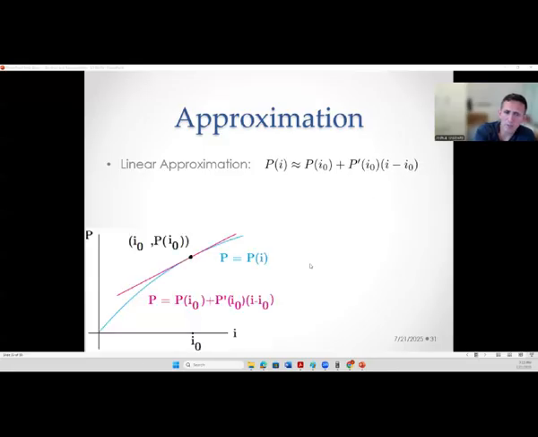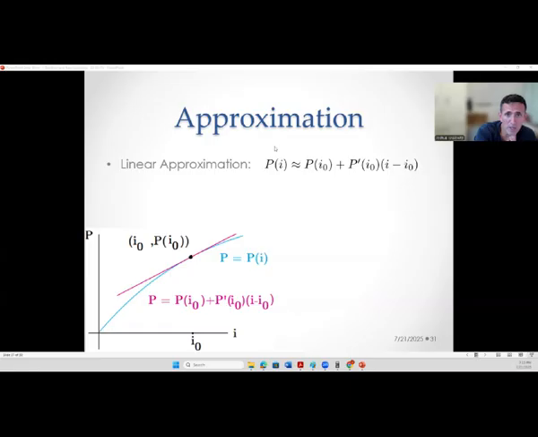And remember, the picture is as simple as follows. Here's a price function. Actually, it'll usually be decreasing, but whatever. For pictorial sake, this is my blue, the actual curve. The pink is the tangent line, and the tangent line is approximately the actual curve.